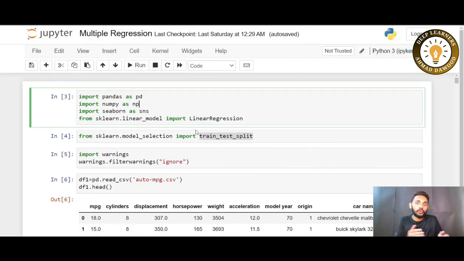The training dataset we will use during training of the model, which is linear regression, and the test dataset we will use to test how good our model is.